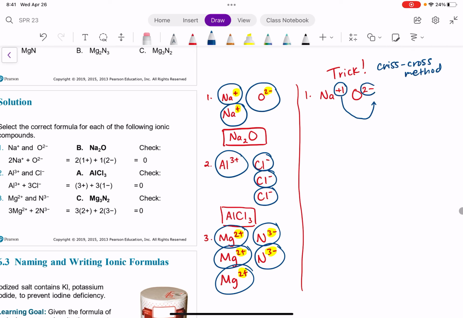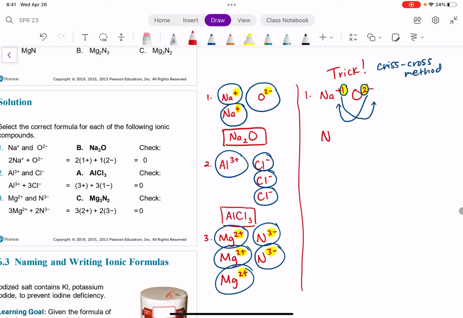Then you're going to take the number associated with this charge, not the charge itself, and bring it over here under the other atom. We're going to crisscross them and pop them under there.